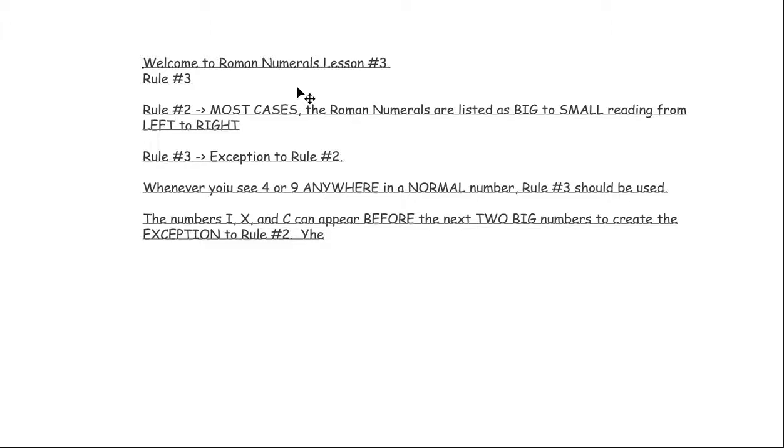The value of such a sequence is big number minus small number.